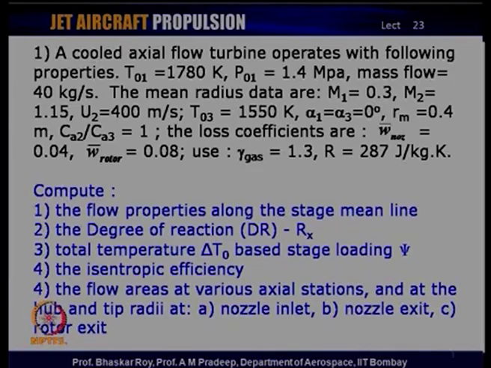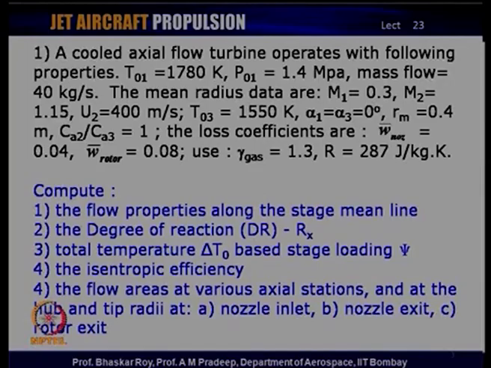Now, the problem asks for you to compute the flow properties along the mean line of the stage, the degree of reaction, the total temperature delta T0 based on stage loading. Now, this is something which we have discussed before.